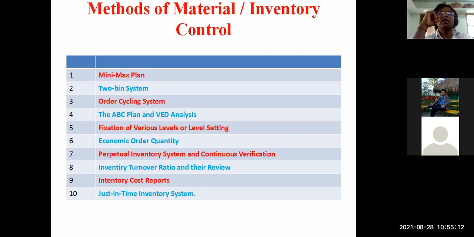What is VED analysis? See, three things are there: vital, essential, and desirable. Take your motorcycle. The engine is vital, isn't it? Engine is vital.